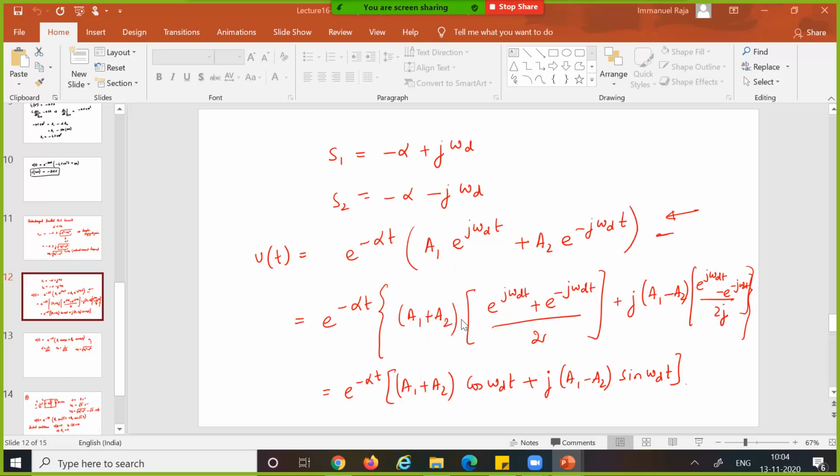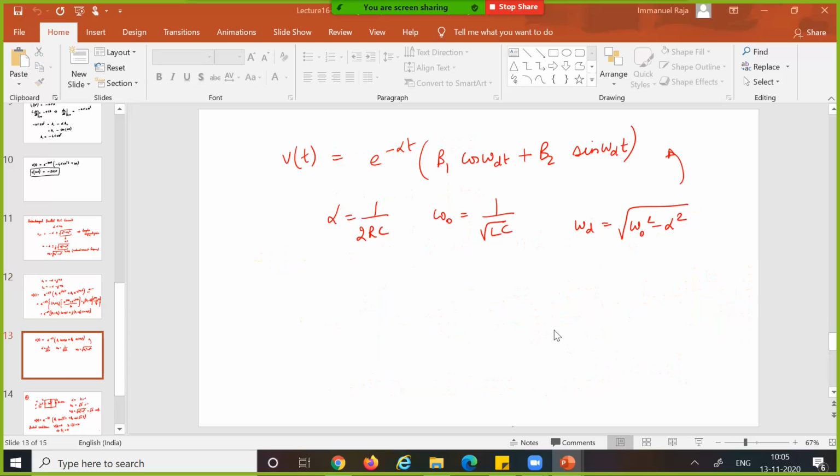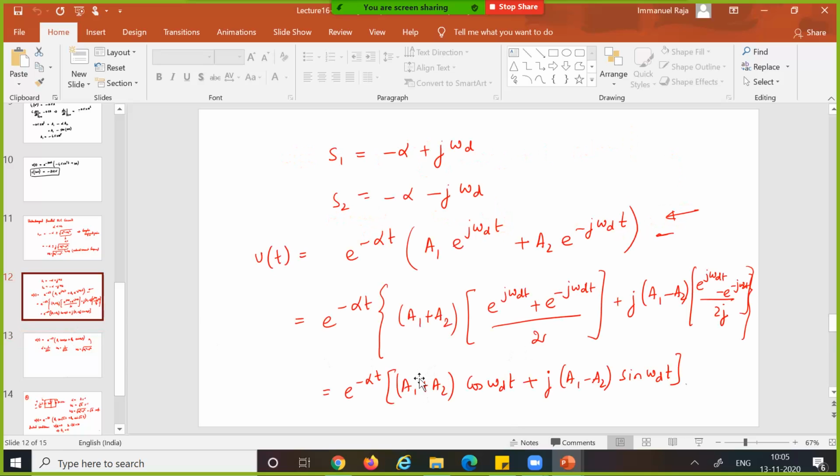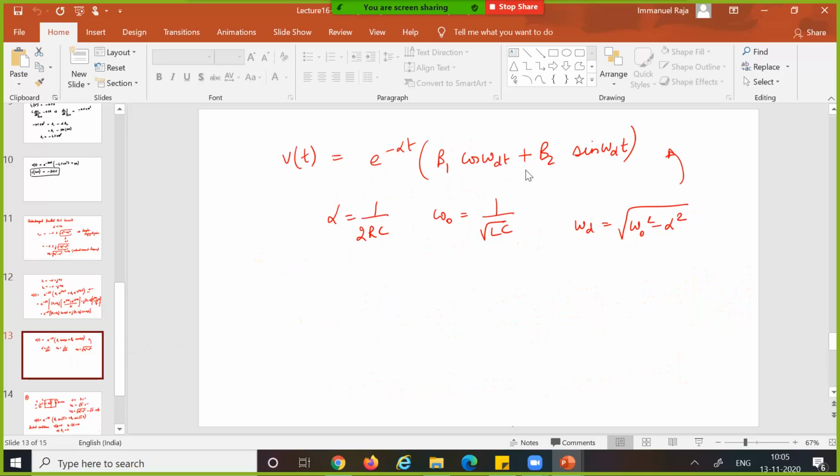So this helps us reduce it to some constant times cos omega dt plus j some other constant times sin omega dt. Now we saw that this also can be written as a real constant times cos omega dt plus another real constant times sin omega dt.